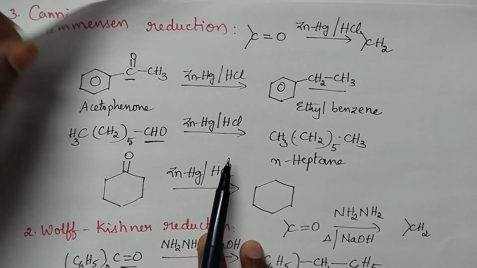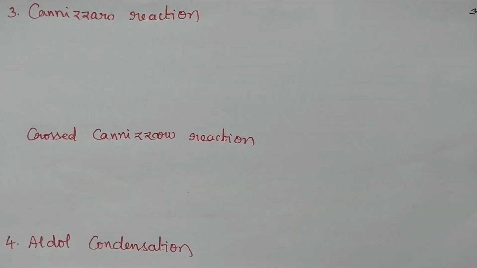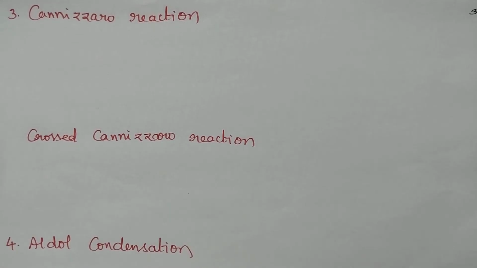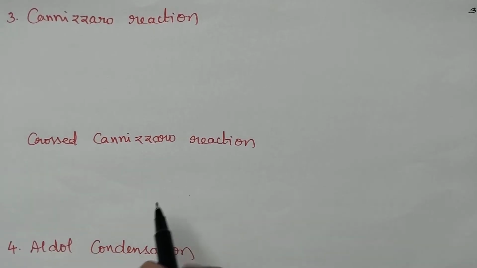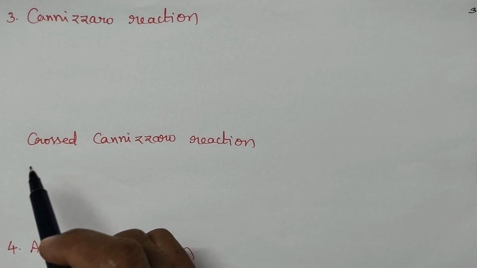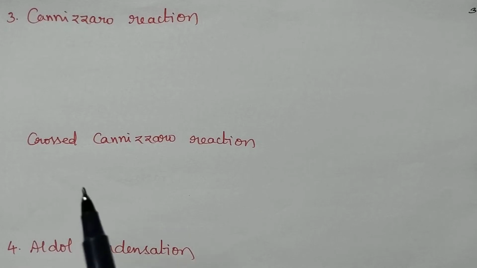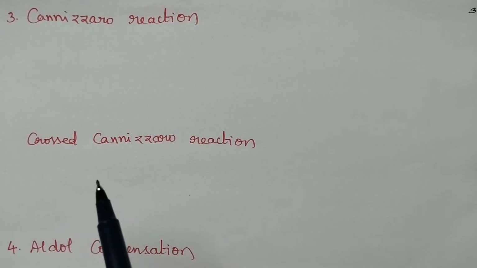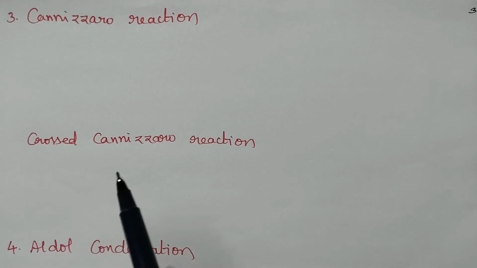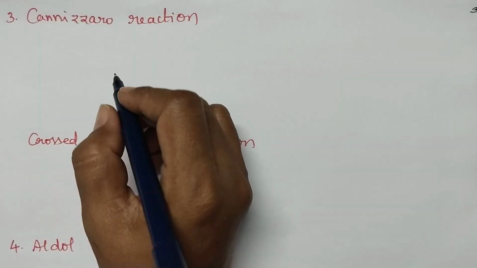Next, we will discuss about the Cannizzaro reaction. So coming to the Cannizzaro reaction, especially the aldehydes without alpha hydrogen. Alpha hydrogens means, let us consider one example.